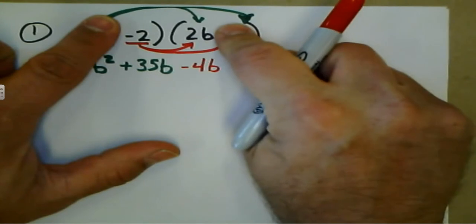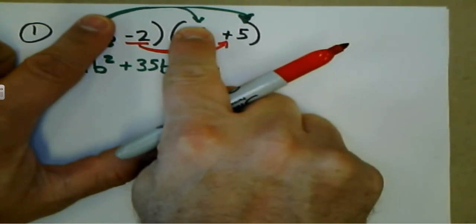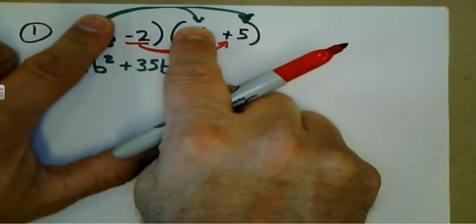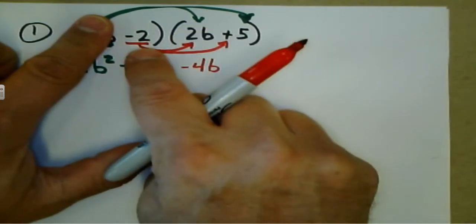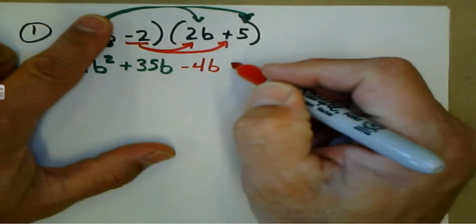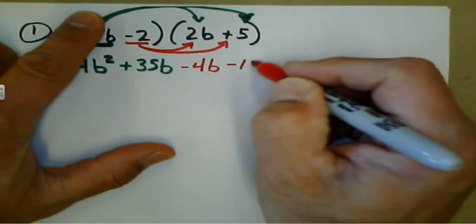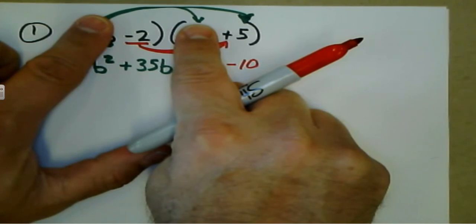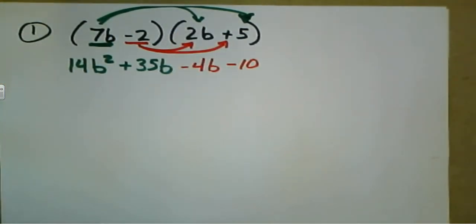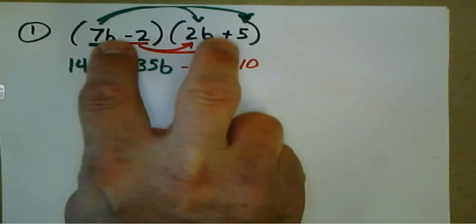And I hate b's because they turn into 6s. All right, now we're going to multiply it to the other one. So negative 2 times 5, negative 10. Do they have any b's together? No.